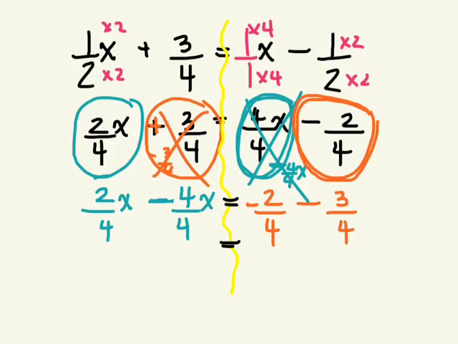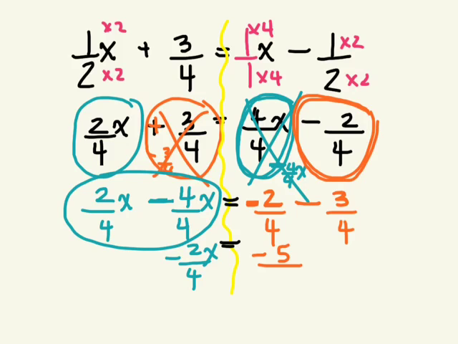Now can we simplify the left side? Can I subtract these? They're like terms, right? What's 2 over 4x take away 4 over 4x? Good. Negative 2 over 4x. And what's negative 2 take away 3? Negative 5 over 4. But my goal here is to solve for x.